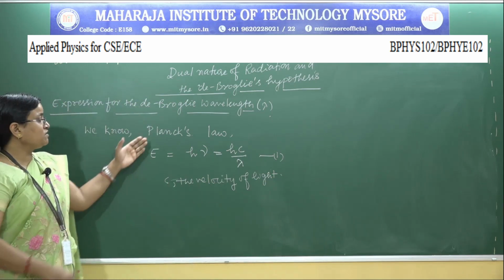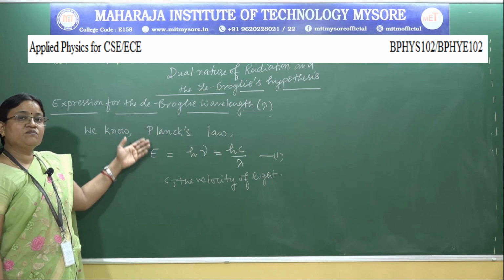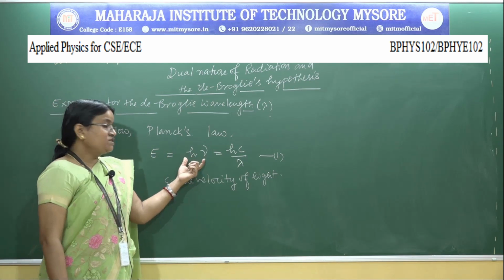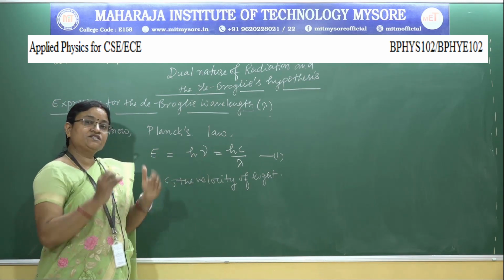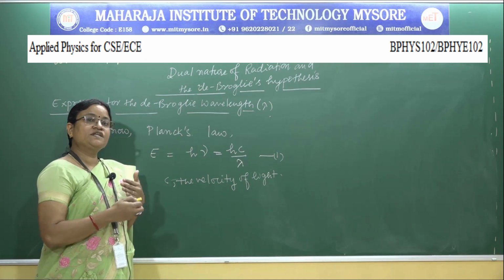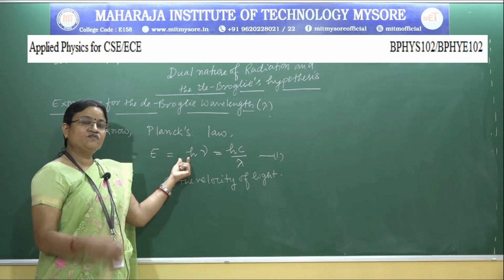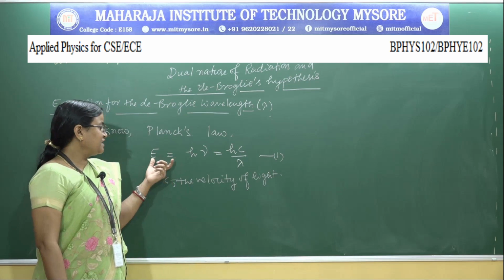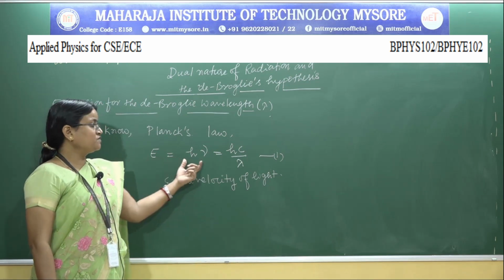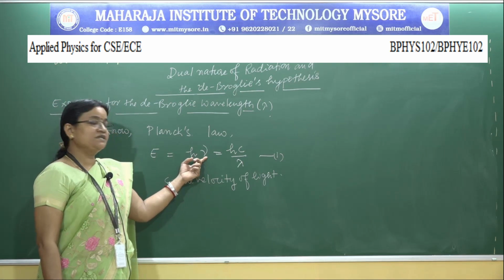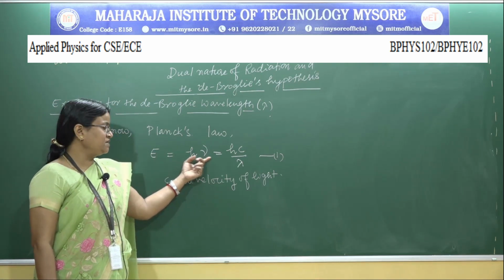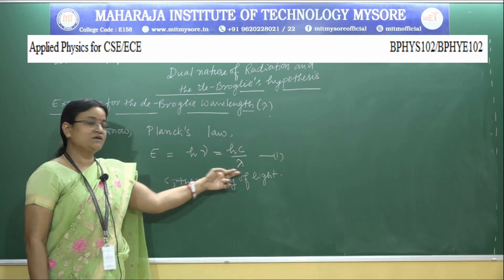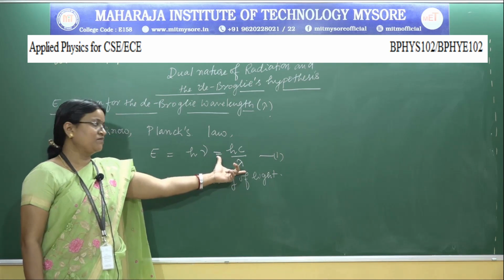Using Planck's law, we can write the expression for the energy of a photon, not energy of an energy level. When we write energy of an energy level, then we have to introduce n, first level, second level, third level, and the difference of energy between the two levels gives the energy of a photon. So E is equal to h nu, and nu is the frequency of radiation, which is equal to c by lambda. So E is equal to hc by lambda.